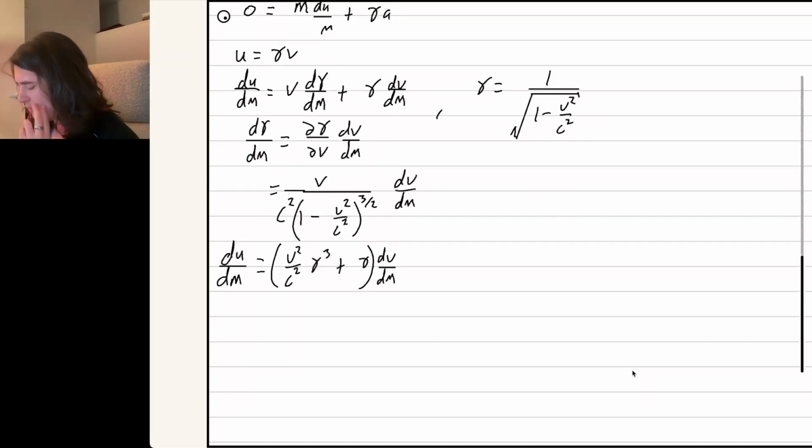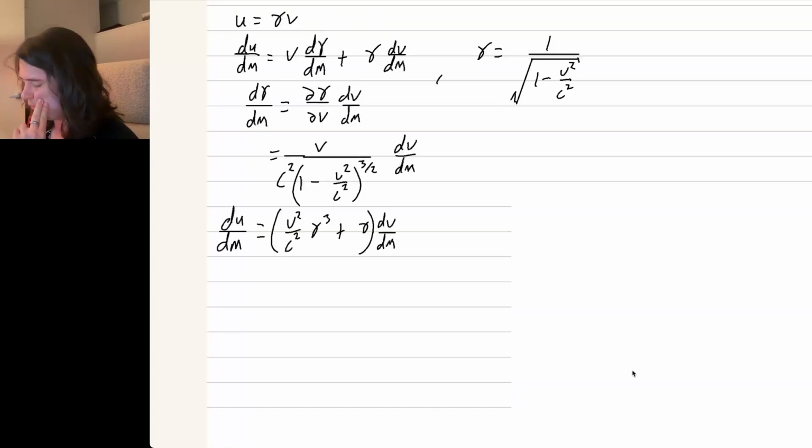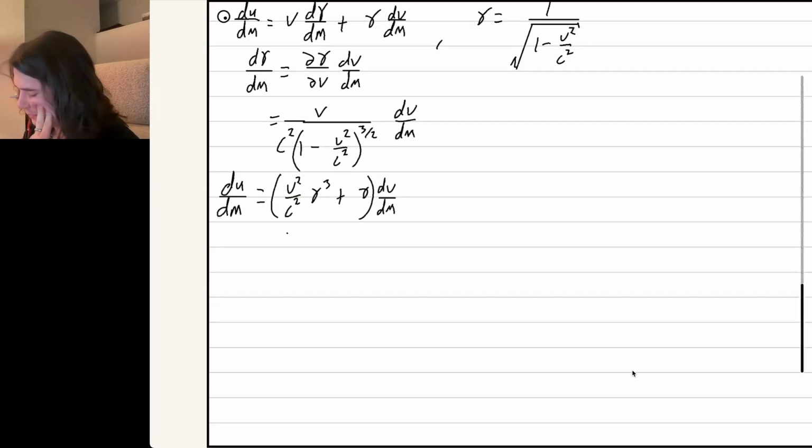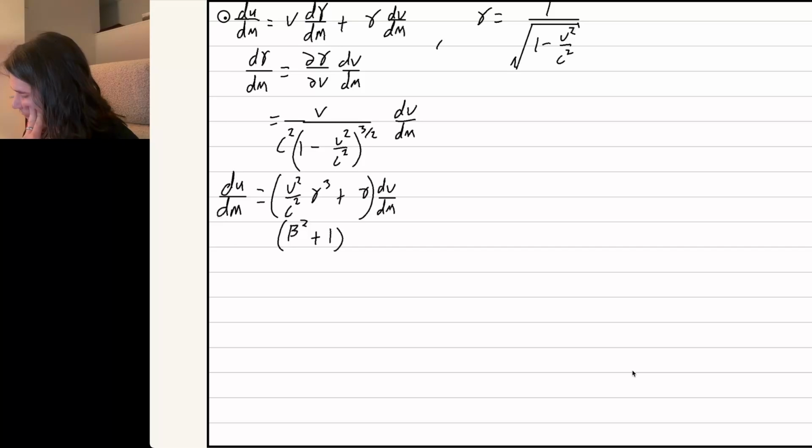Okay. So that quantity inside the parentheses can be simplified because we can notice that v squared over c squared is just beta squared. So we have beta squared gamma squared plus 1 times gamma on the outside.